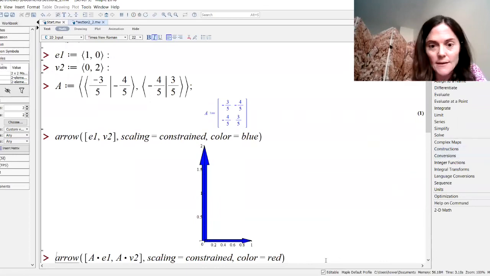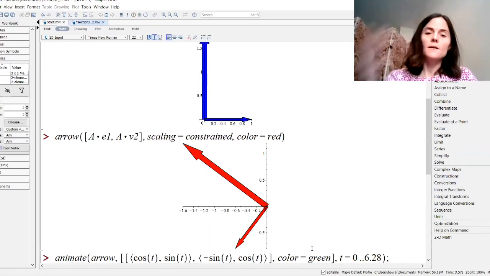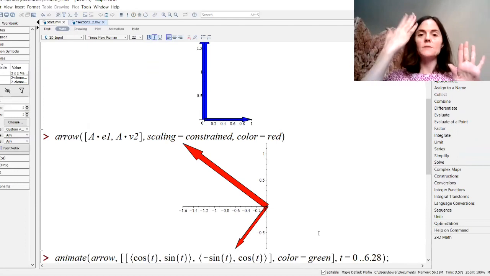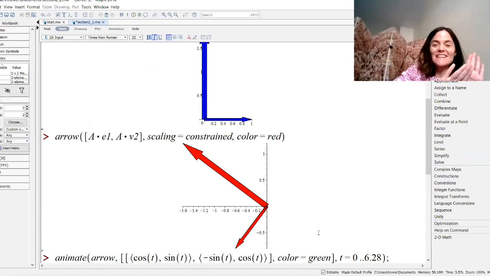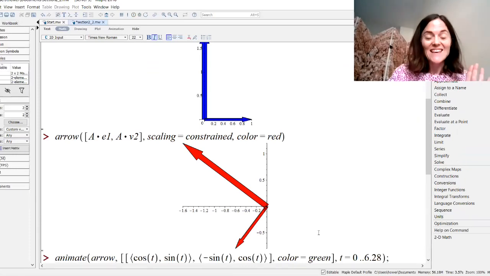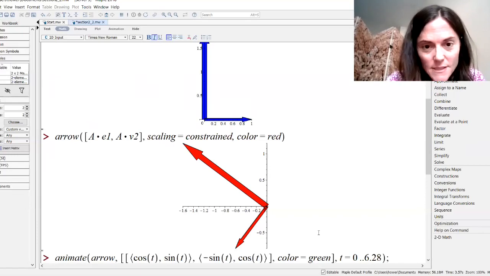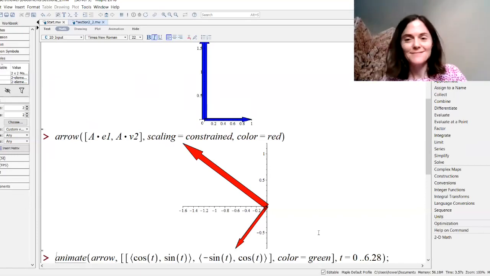Same line. There's my standard L. And now you see, well, it would be easier if I could somehow line them up side by side, but you see this L has just been reflected about a line. Okay, you see that, for instance, 0 is still mapped to 0, but it's just reflected about the line.